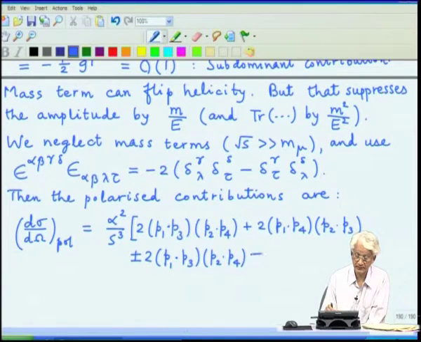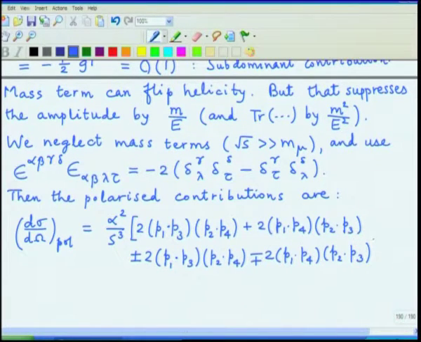And here the combination just produces this result.